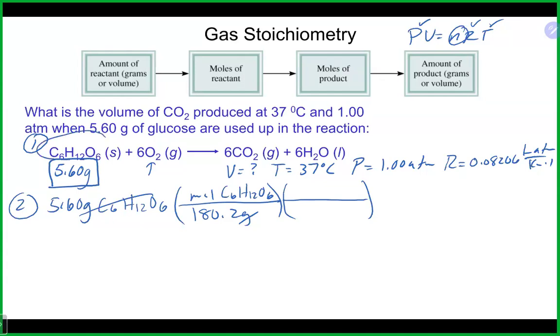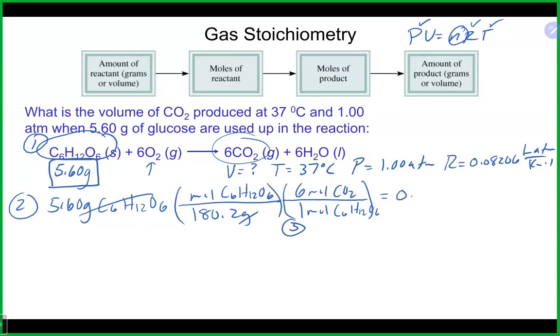From the equation, it's a 1 to 6 relationship. So for every 1 mole of glucose, I get 6 moles of CO2. That would be our third step in stoichiometry here. So we'll take 5.6 divided by 180.2, which gets you about 0.031, and we're going to multiply it by 6.